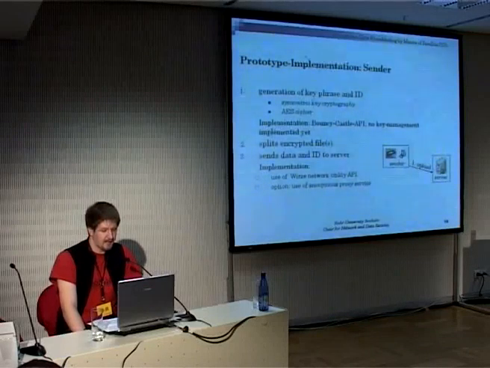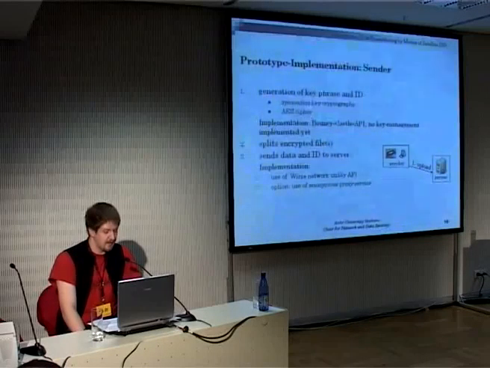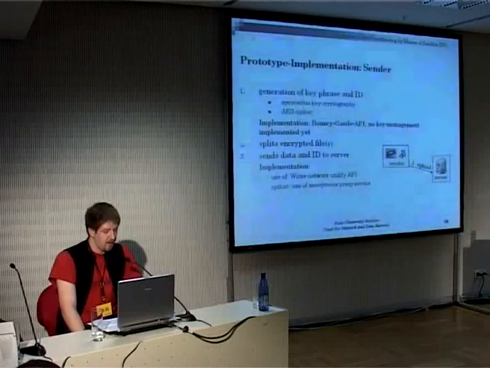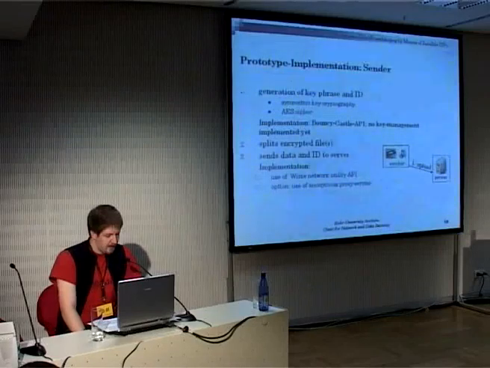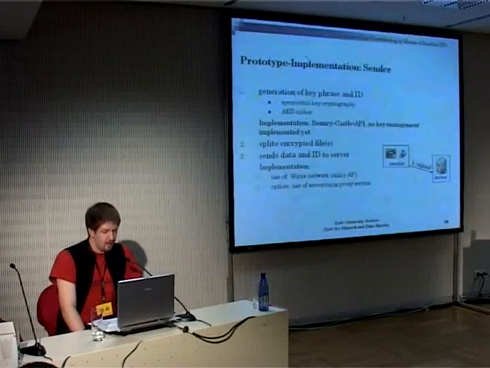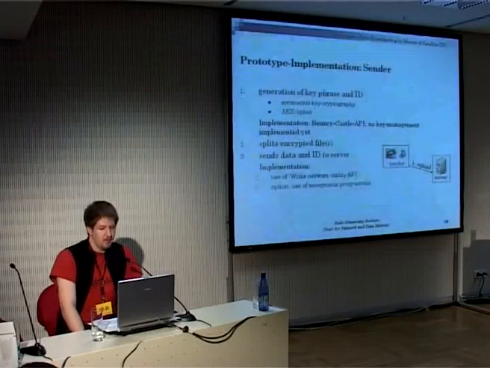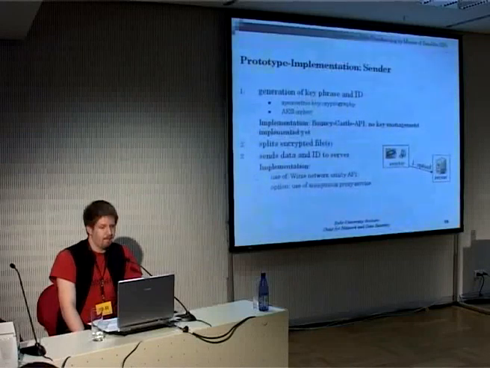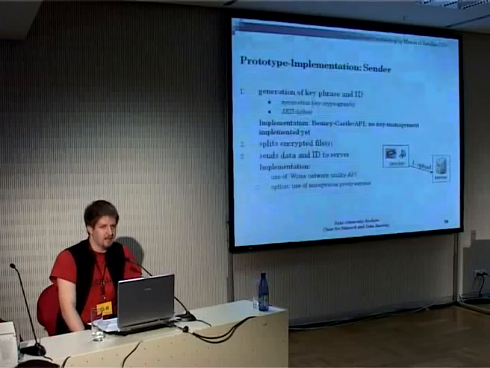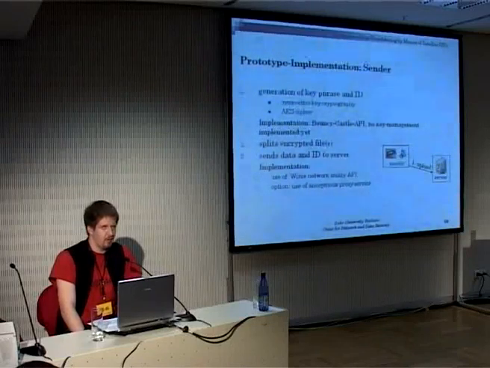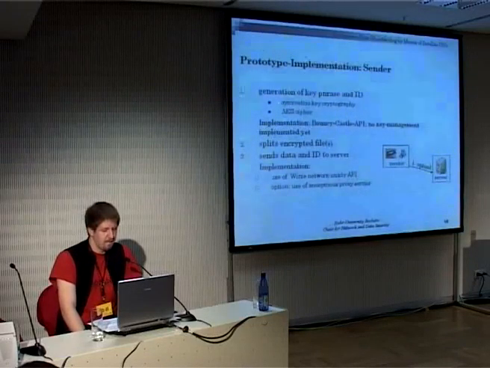And in the next step, the file gets split into parts, like I guess it was in the animation before. It's split into parts which are adjusted to the size of the payload of one DVB packet, 1,360 bytes.